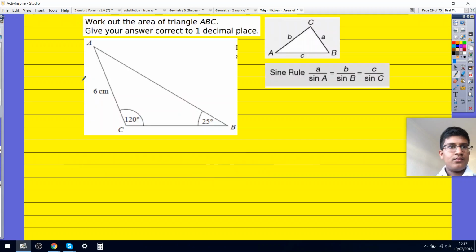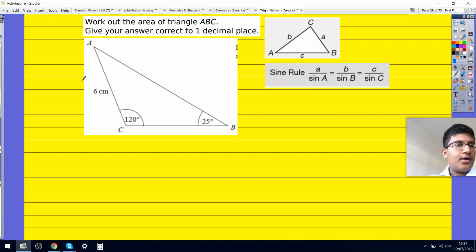Okay, find the area of this triangle. We're given the angle, so we need the side opposite to either the angle C or angle B. Is it an isosceles triangle?